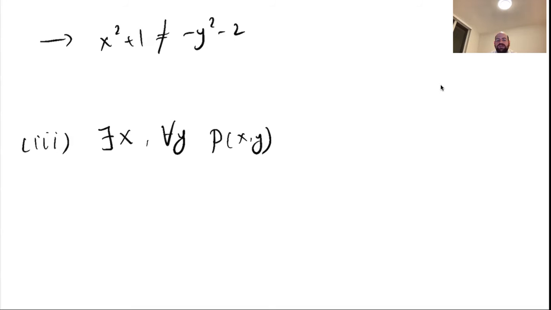So if I say, for example, there exists a class for which every student in that class has GPA more than 3.6. There exists at least one class such that in that class, every student has GPA more than 3.6. When can I say that this statement is false?